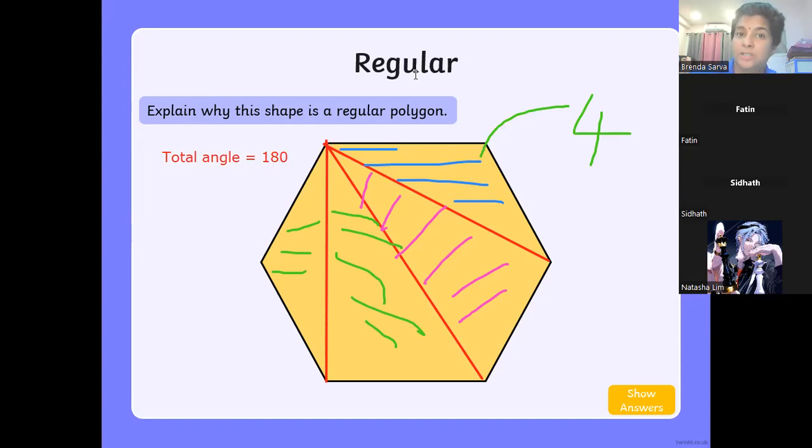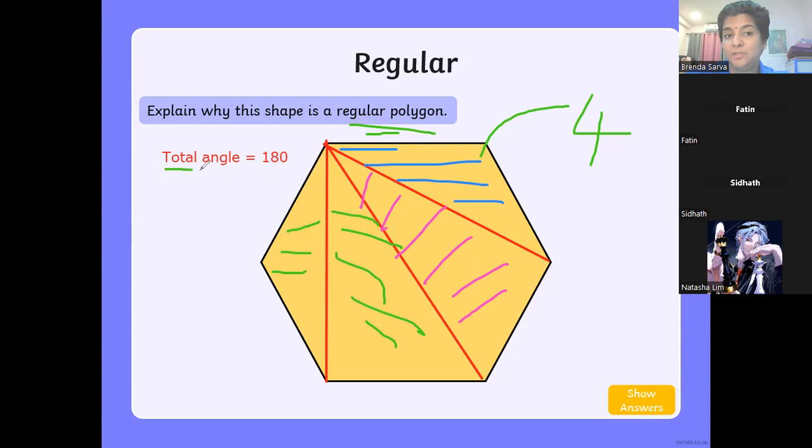So now my question is, how much is the total angle inside a hexagon? Who could tell that? This is literally what you're going to do in this chapter, finding angles of polygons, of regular polygons.